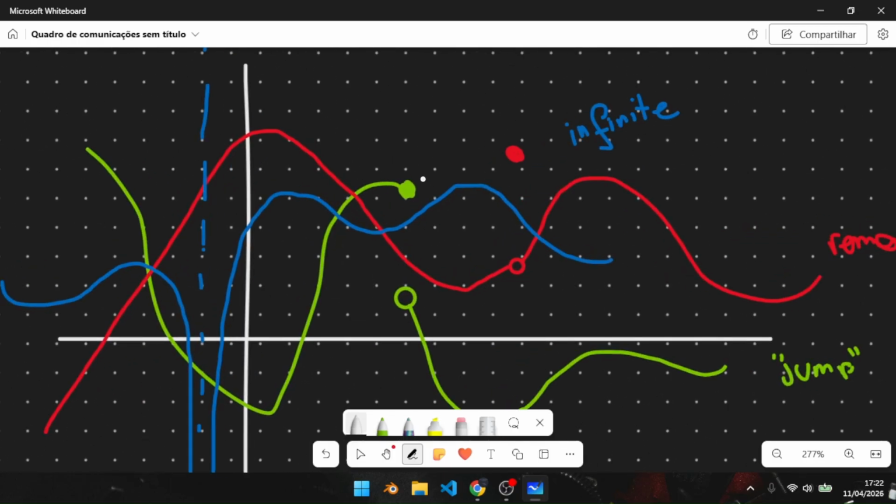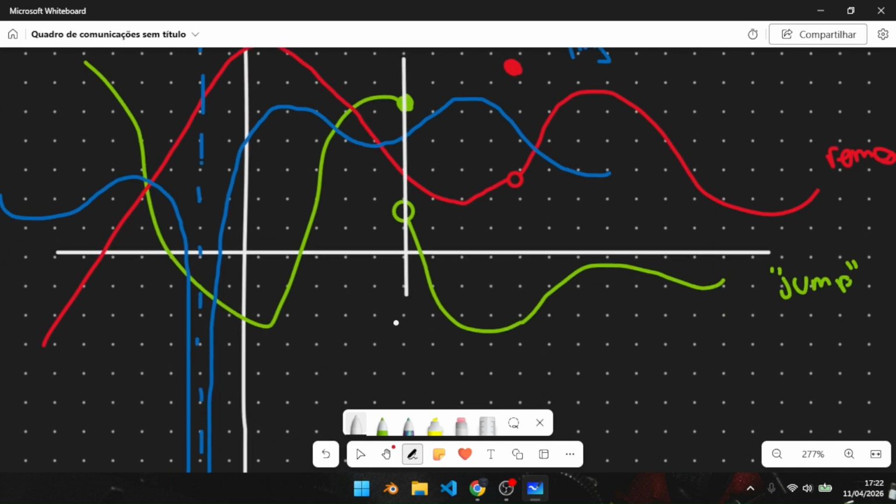The meaning of the filled balls and the empty circles is that whenever you have a filled circle, this means that the function is defined exactly there, because this is supposed to be the same x.